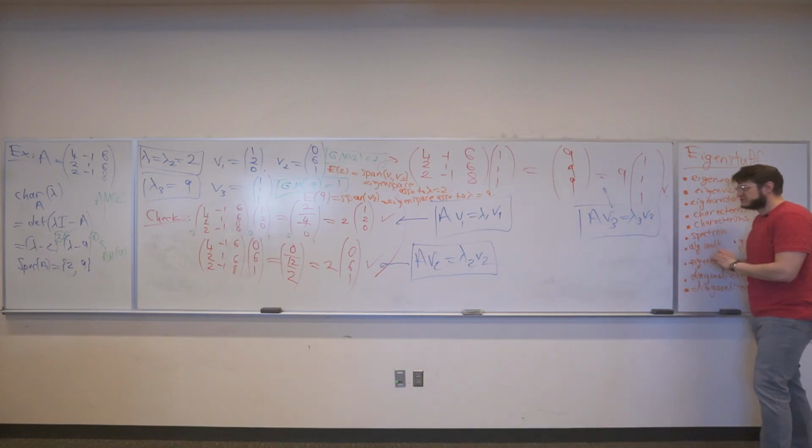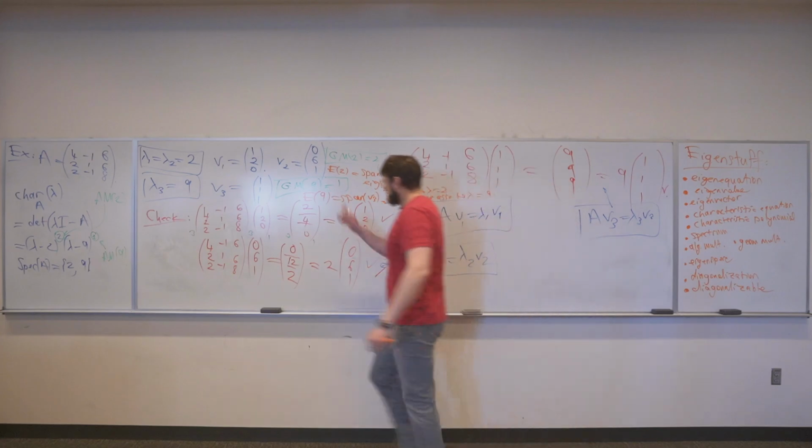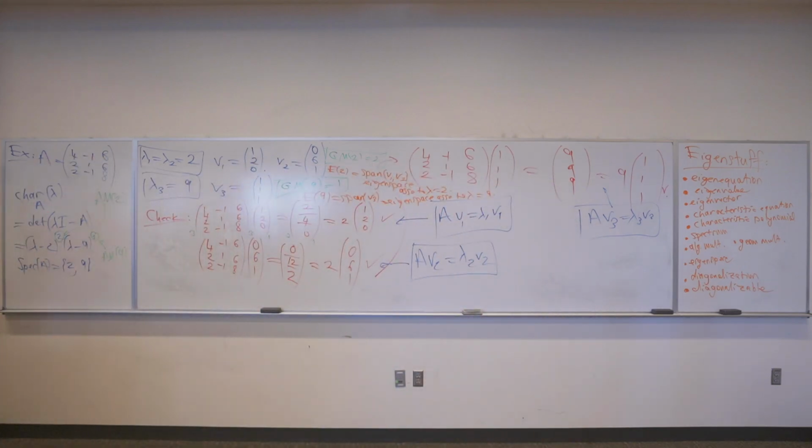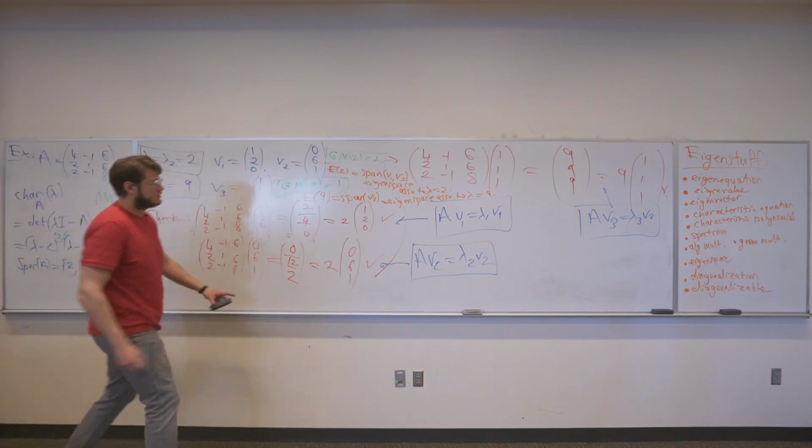So here's the formal definition for these. Definitions of GM and the eigenspace. I'll write it here.